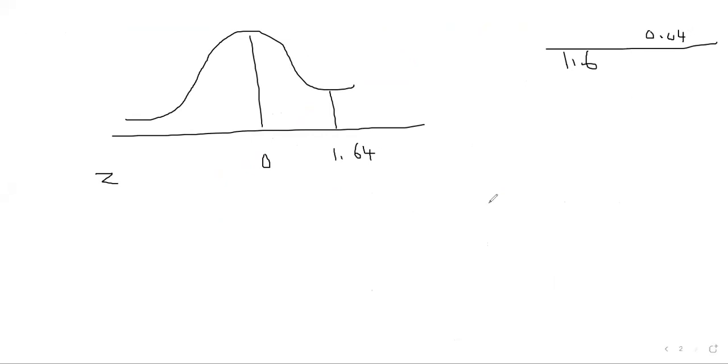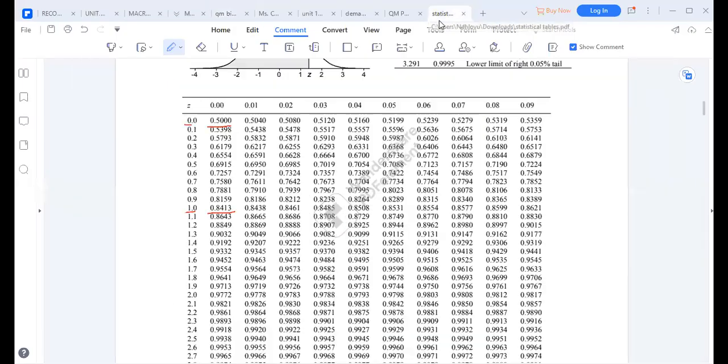So let's check in the cumulative table. 1.64. Using the cumulative table, you go under 1.6 and 0.04.